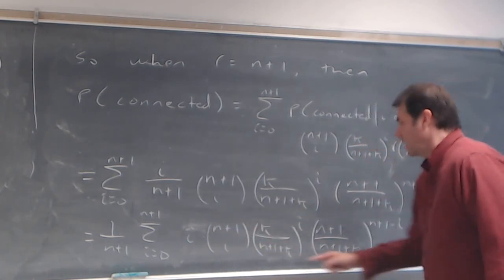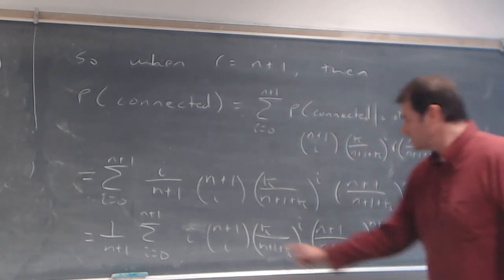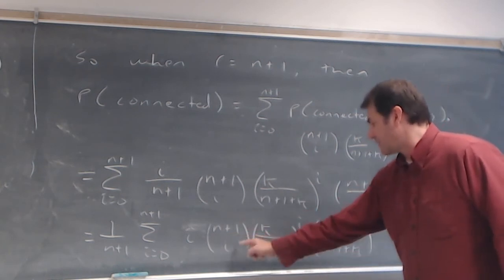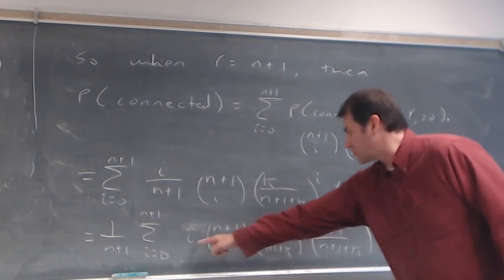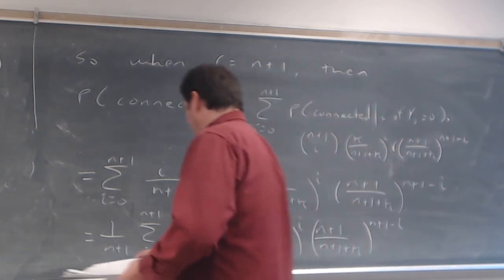That's what this is. And you're multiplying it by I. So this is the probability right here, the PMF for a binomial that you have I successes, and you're multiplying it by I. And so what that does is that gives you the expected value of that binomial.